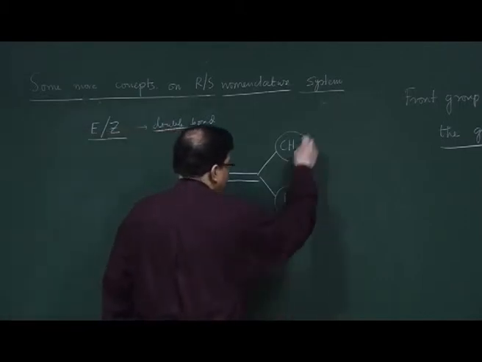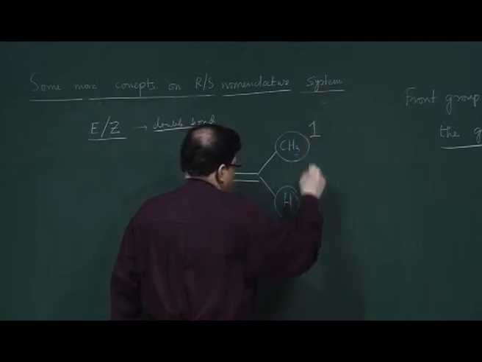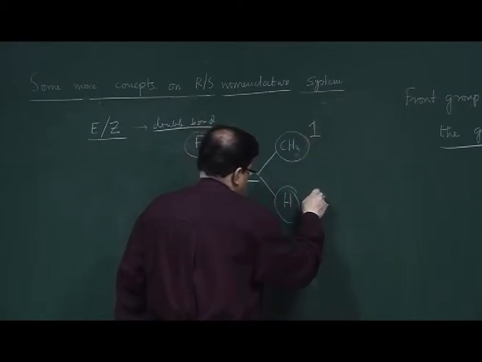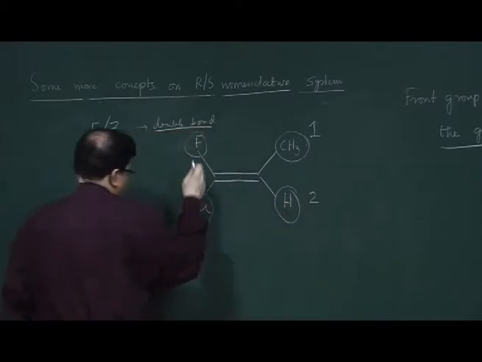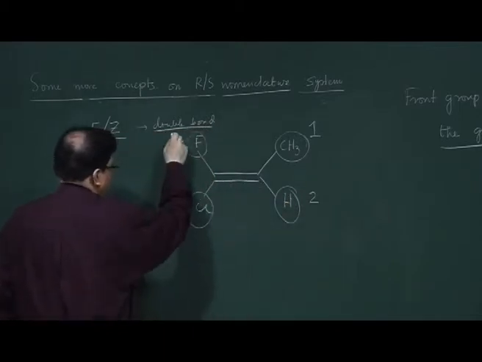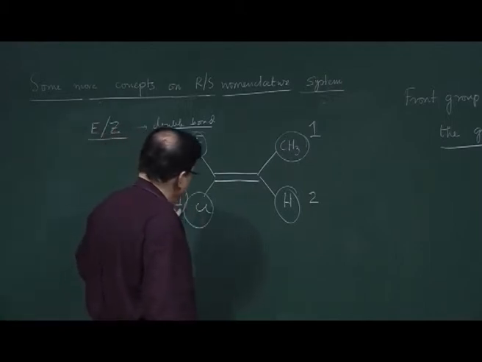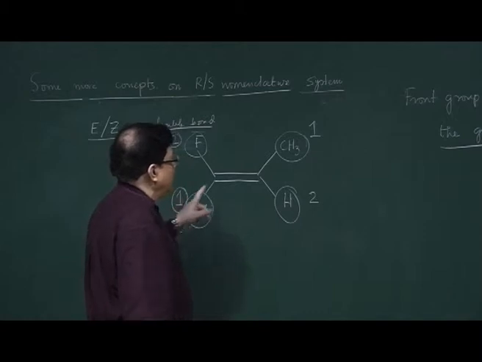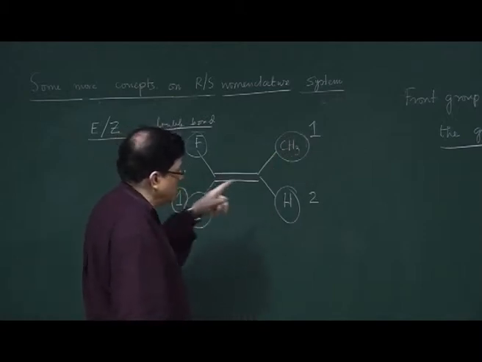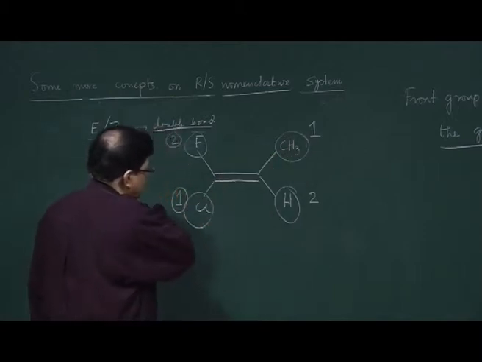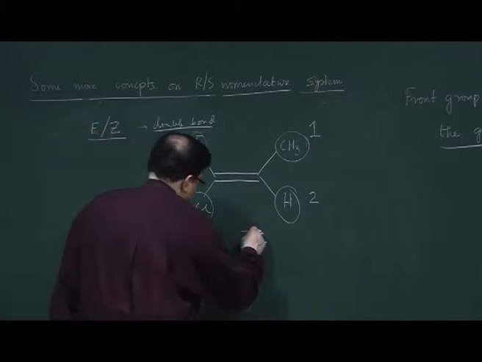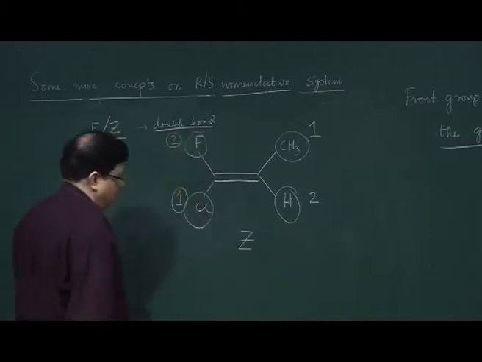If you do that, this becomes 1, this becomes 2, and here this is 1 and this is 2. Now, these two top priority groups are anti to each other, trans to each other, and that is what is called a Z configuration.